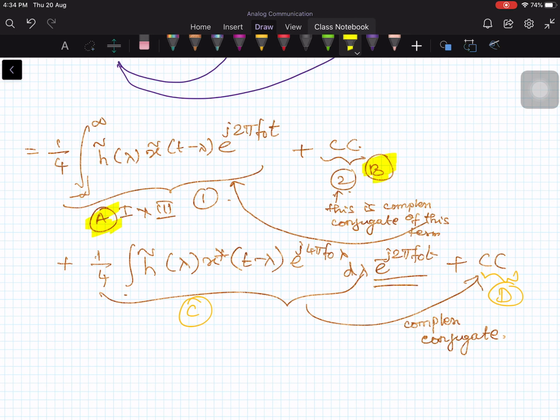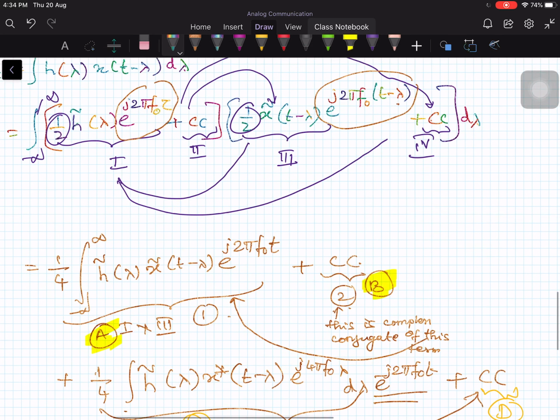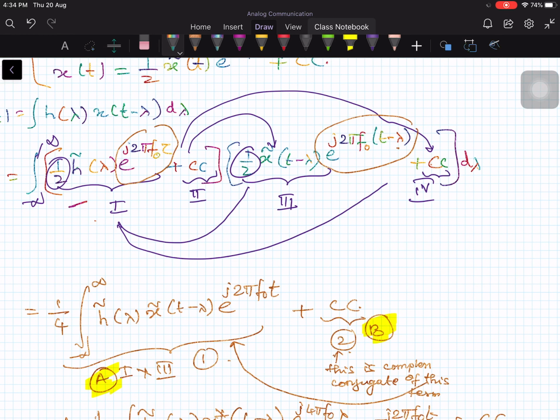Okay. Now let us evaluate these integrals one by one. There are 4 integrals now essentially: A integral, B integral, C integral and D integral. B integral is the complex conjugate of A integral, and D integral is the complex conjugate of the C integral. This one is obtained by multiplying the first term with the fourth term. The first term is here, and the fourth term is here.